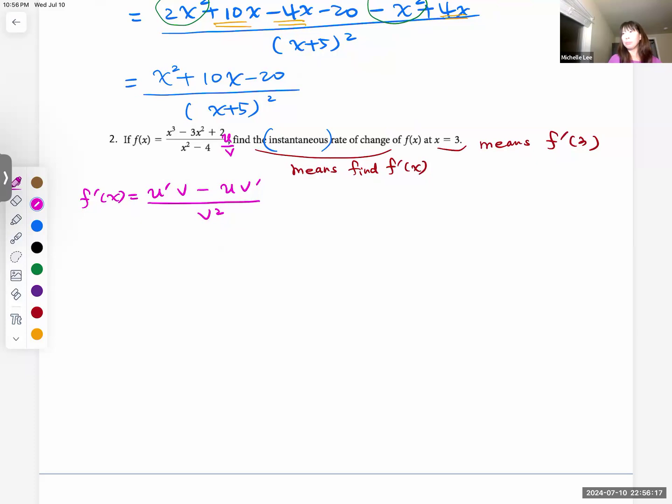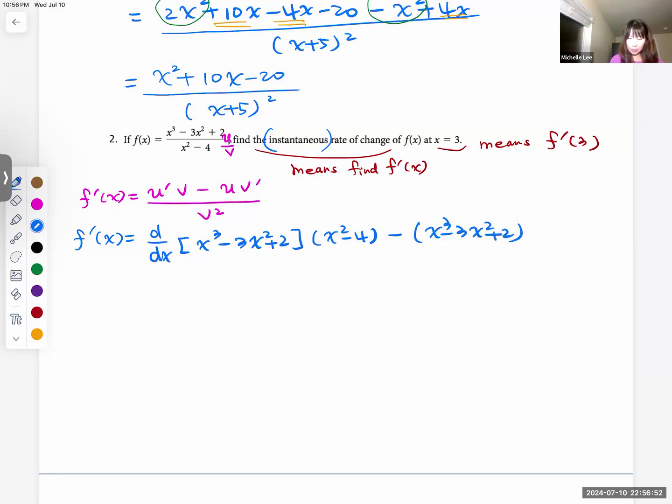Okay, this is the last one. So f prime of x is u prime, which is the derivative of x cubed minus 3x squared plus 2, times v, minus u, v prime, all over v squared.